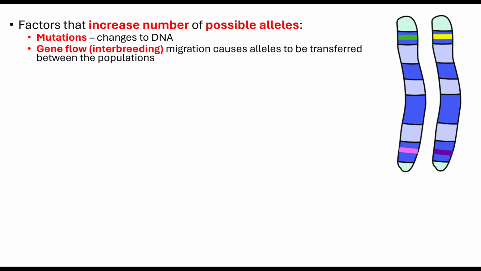So this could be where you have isolated organisms which are now brought together, for example, in ex situ conservation, and that then results in a gene flow because of the breeding within the situation that we have.